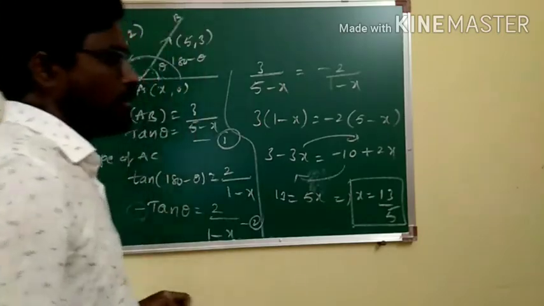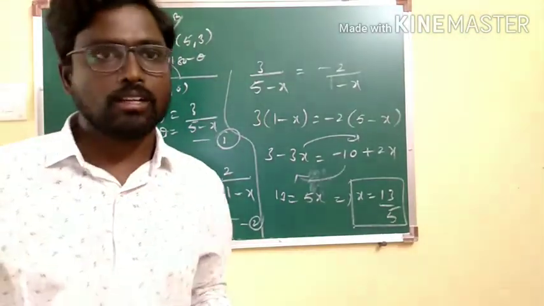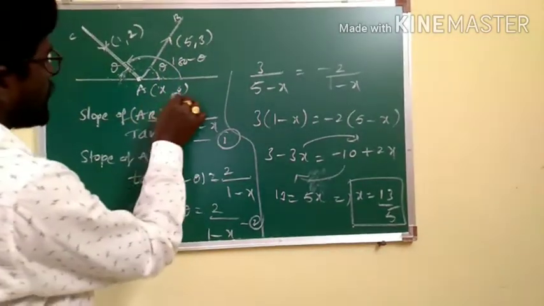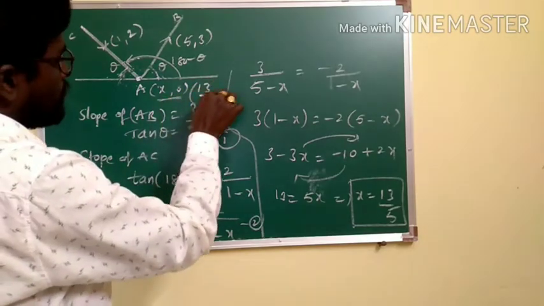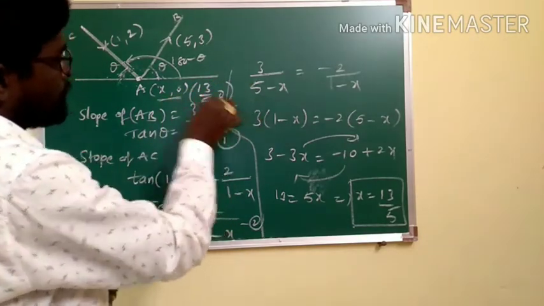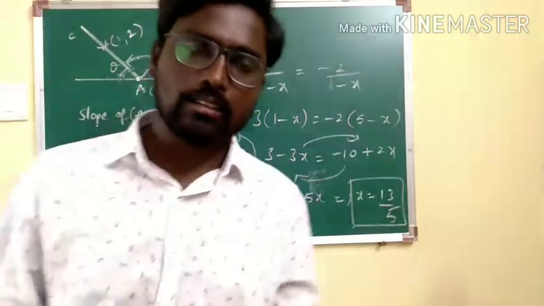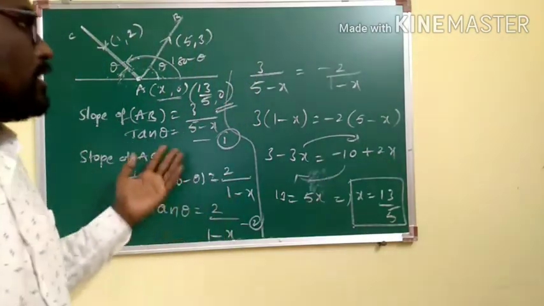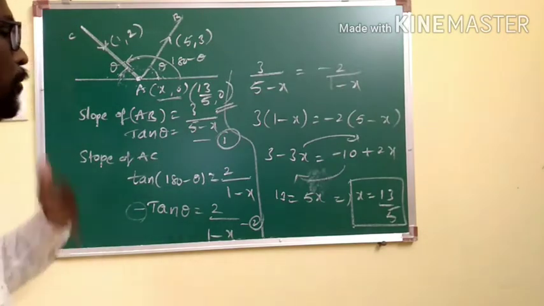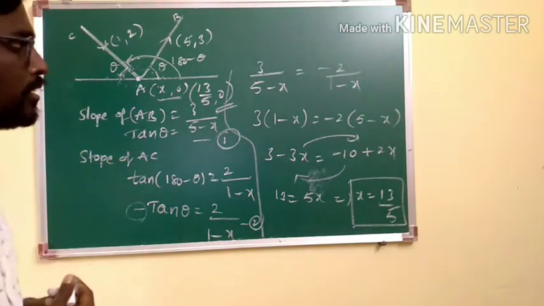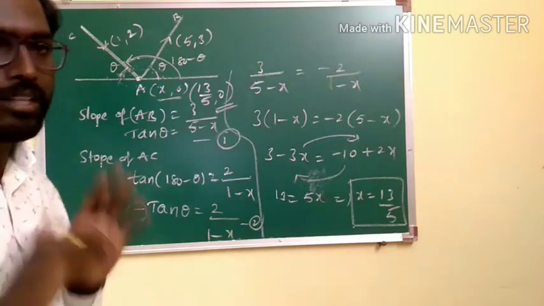What is x? x is equal to 13 by 5. Therefore, the point on the x-axis is 13 by 5 comma 0. Because the question is speaking about the point on the x-axis, and x we have got as 13 by 5, the point is going to be 13 by 5 comma 0. I think there is no confusion here, very simple.